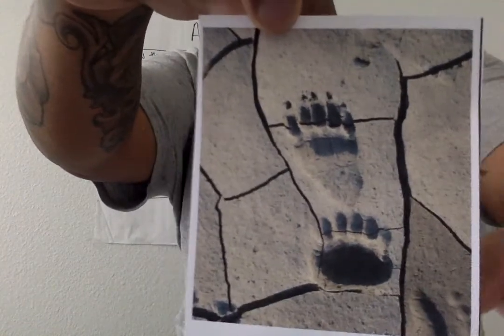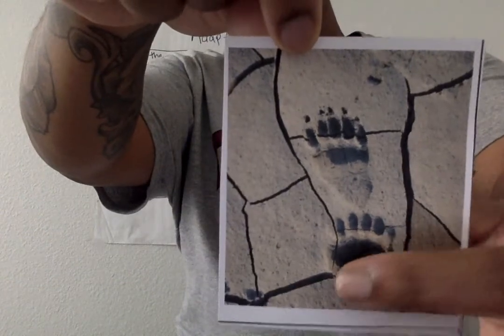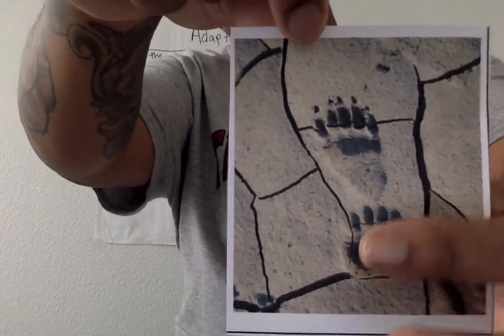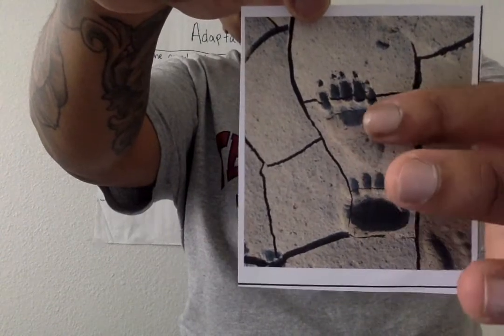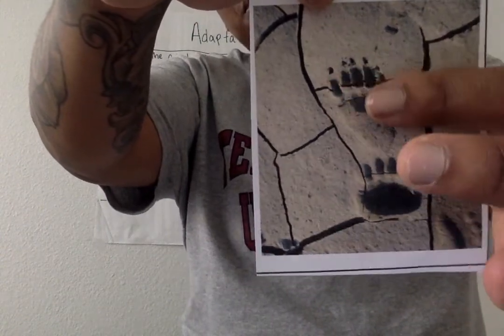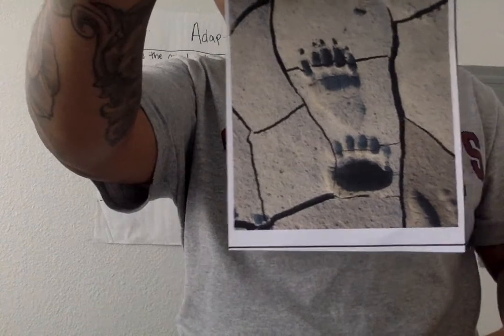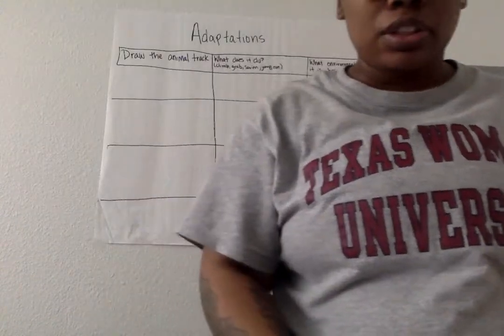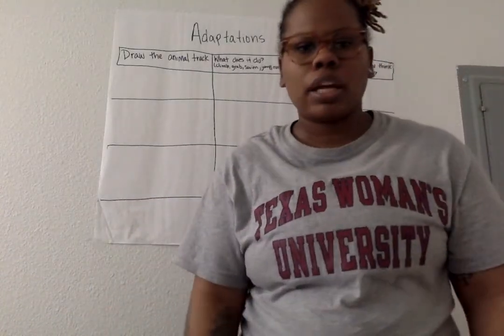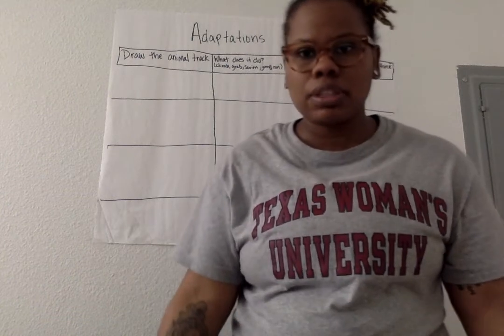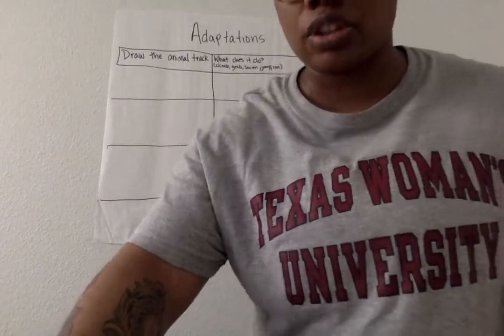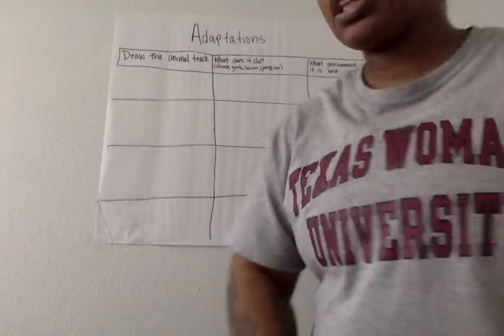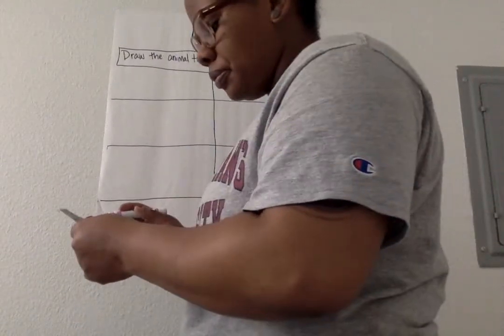So we see some soft type palms here, and it looks like this may be the front, this may be the back, and we see some claws, right? Okay, so your answers will vary, and that's completely fine. But let's go ahead and draw it real quick. So I'm just going to look at it and draw it.